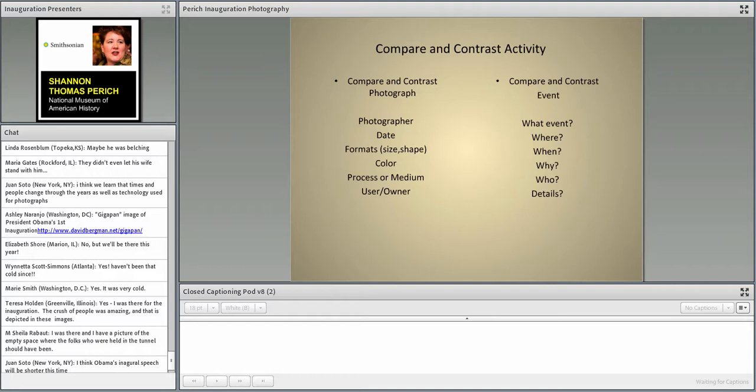So if some of you would think about the questions on the left and some of you think about the questions on the right, we will take the photographs and what we see and create meaning. And that's really what this is all about, is how do we look at photographs and have them make meaning for us. And that meaning can be historical, it can be personal, it can be newsworthy.